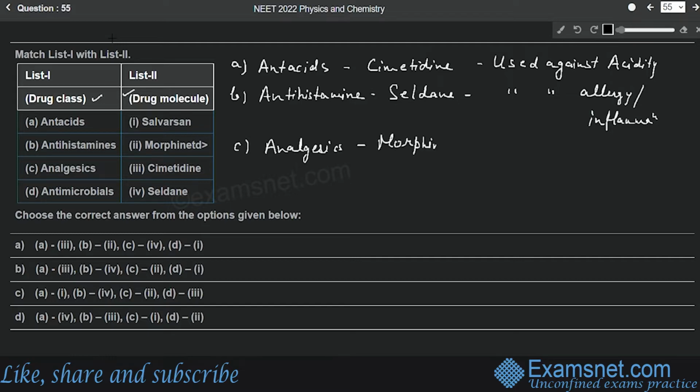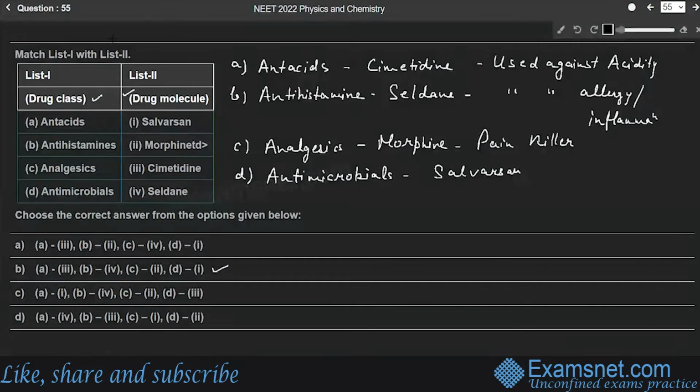And what is the use? These are used as painkillers. Okay, these are used to relieve the pain. And the last one is antimicrobials. That means they are used to fight the microbial infections. Okay, and the example for this is salvarsan. So out of the given options, which should be the correct one? Option B should be the correct one.